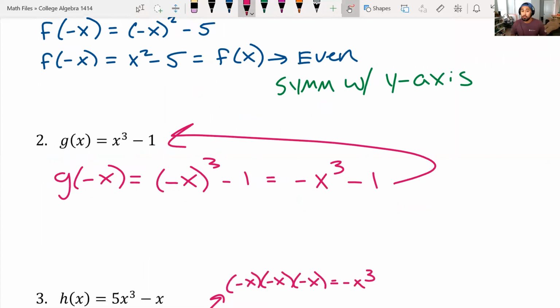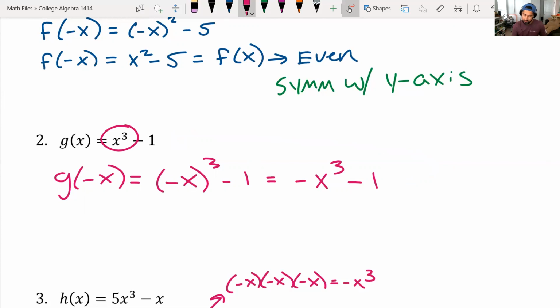Did we get back the original function, but all the signs have changed? Which means if this was positive, it's now negative. That's a check. But now if this is negative, this should be positive, which is not a check. So not all the signs have changed, which means this one is neither. All right.